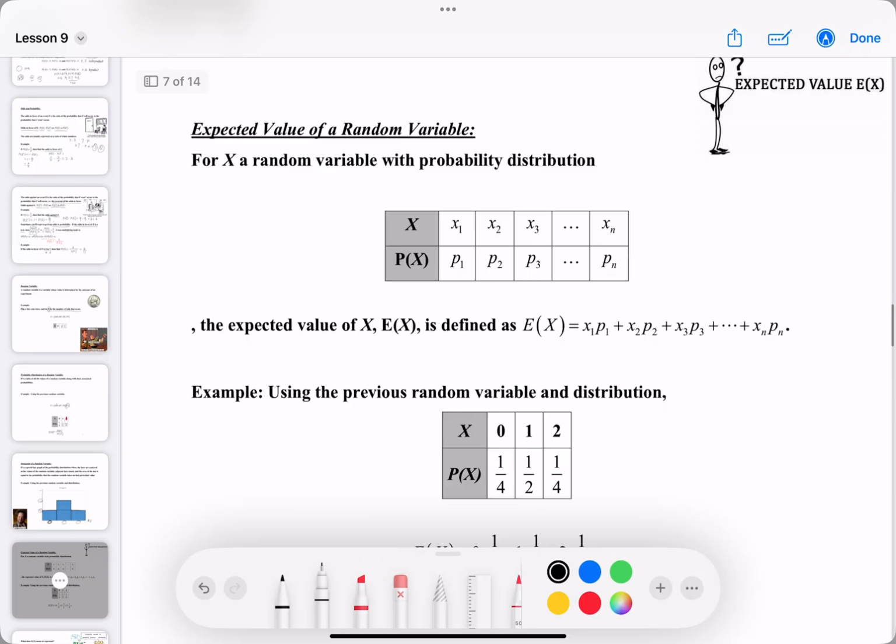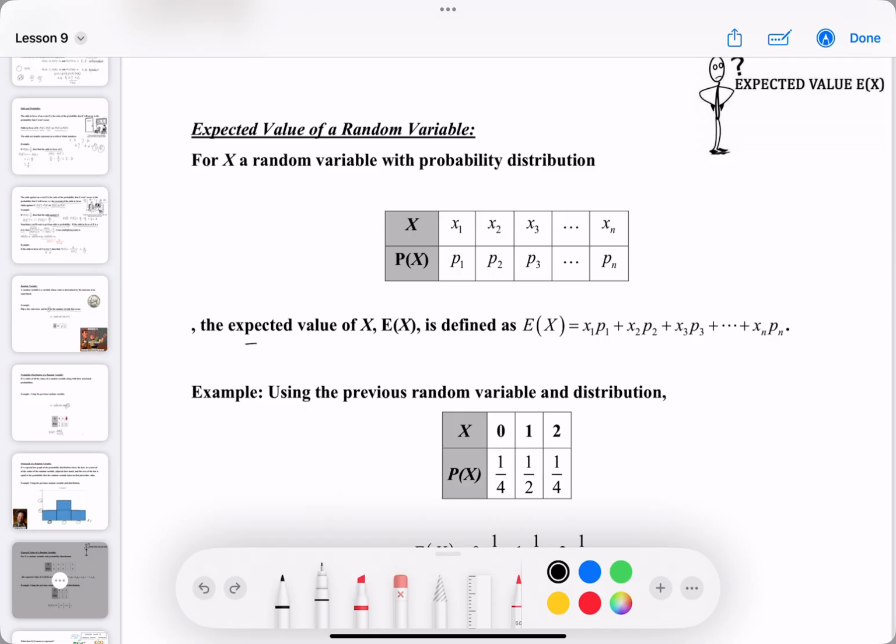Okay, expected value of a random variable. For a random variable X with a probability distribution, we list all of the values of the random variable in the first row, and the probability of each value in the second row.